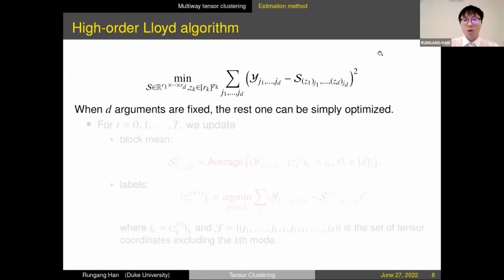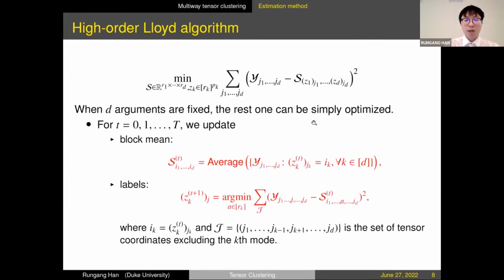Recall this is our objective function, which is a negative log likelihood. And we observe that although we have d+1 independent arguments to be optimized, as long as d of them are fixed, the remaining one can be simply optimized. Specifically, if we know all the clustering labels along all tensor modes, we can simply update the block mean as an average after we assign the entries to different memberships.